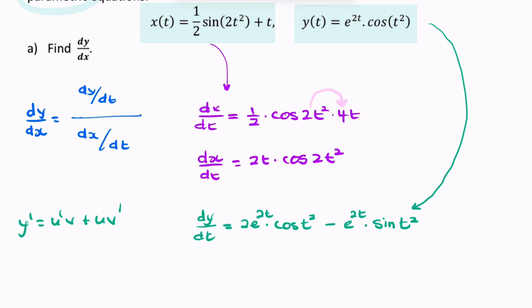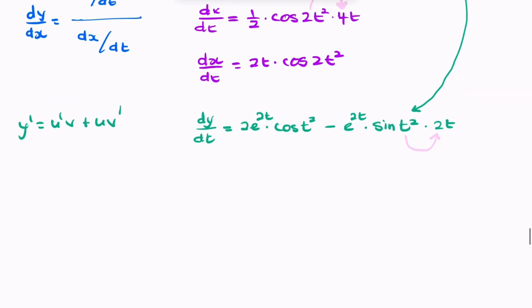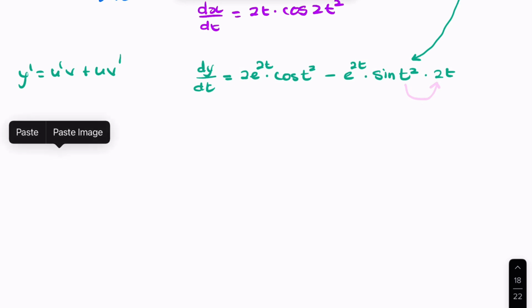But again, because this is not t, it's t squared, using the chain rule, we need to multiply by the derivative of t squared, which is 2t. So that's my dy by dt. And now I can use this relationship to find dy by dx.